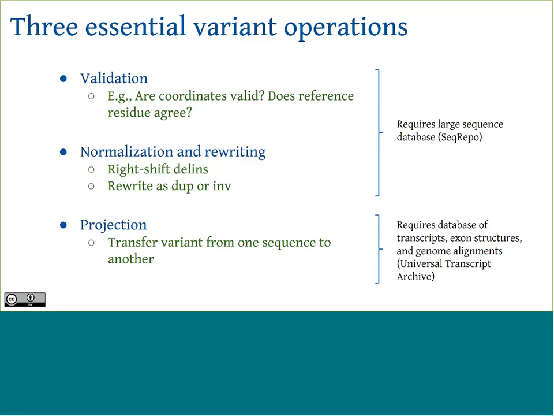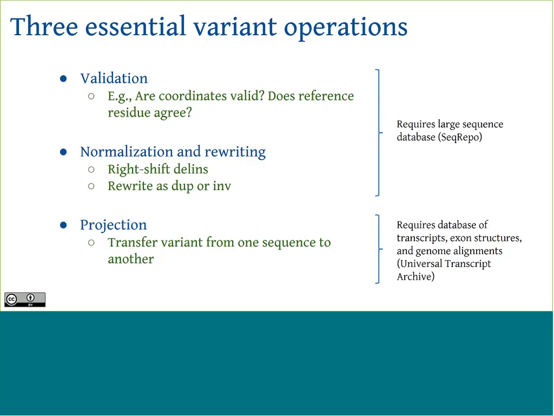And then finally, the projection is, as I said, transferring a variant from one sequence to another, and the challenge there is even more difficult in a way than just having a large number of sequences available. It requires having a database of transcripts, including those exon structures and the alignments of those transcripts to the genome. And this is where historical interpretation of variants really becomes challenging.